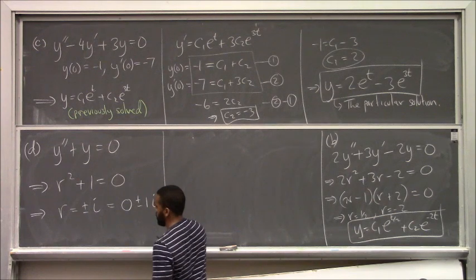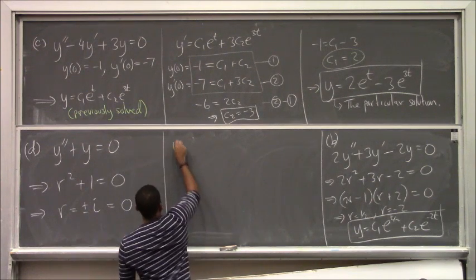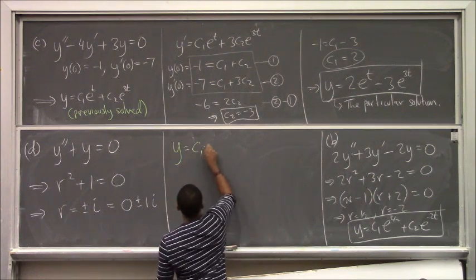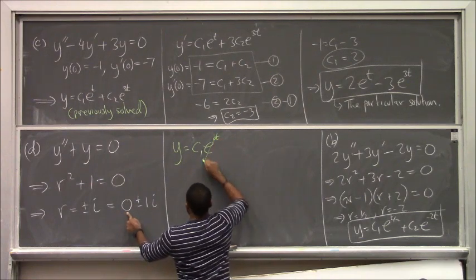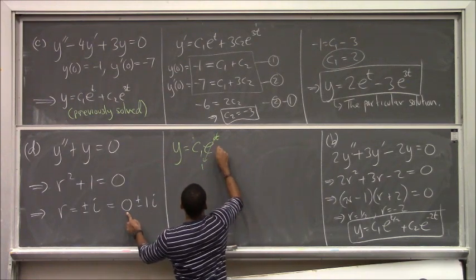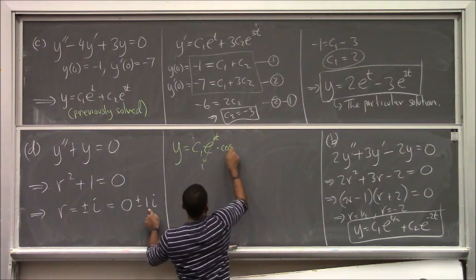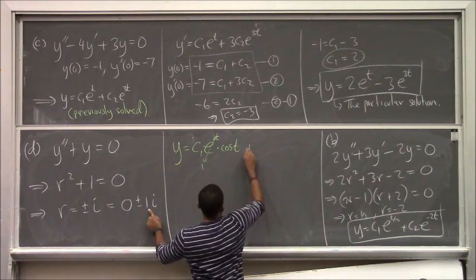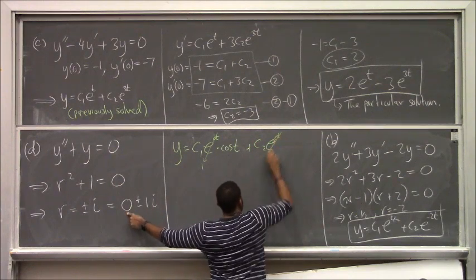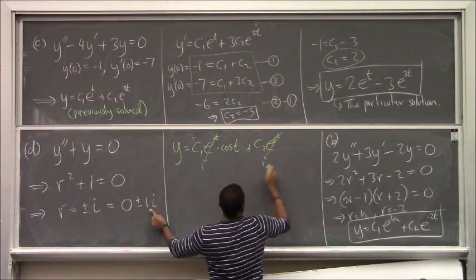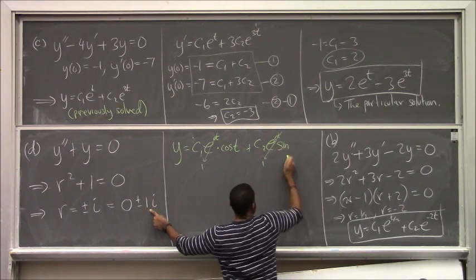Let me just write it out so you can see where this is coming from. Y is going to be C1 e to the at, which of course is just going to be 1, it's going to disappear, times cosine of 1t plus C2 e to the at, again that's going to be 1, times sine of 1t.